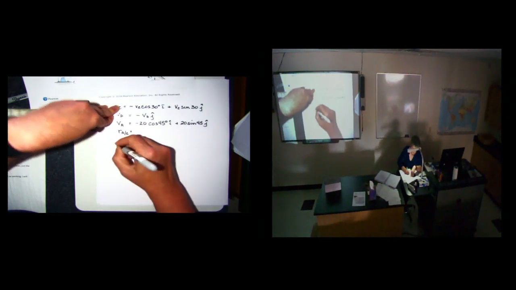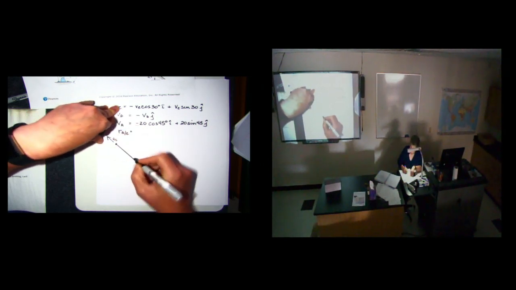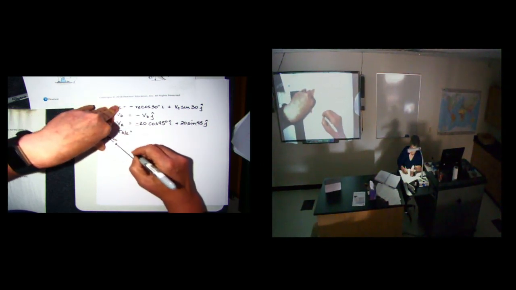This is 0.150. That is just doing the calculations for that right there. That's a 0. This ends up giving you a positive 0.15 omega I minus 0.2598 omega J.